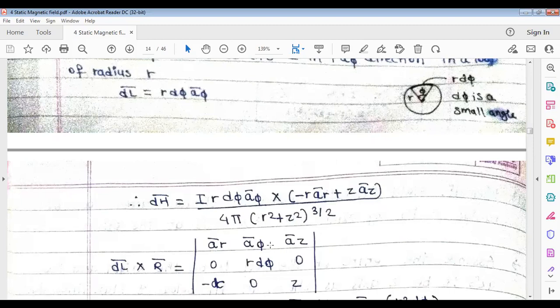Yesterday I told you how to take this cross product, right? By going in clockwise direction, anti-clockwise direction. So what is a bar phi cross a bar R? Tell me fast. Minus a bar z.